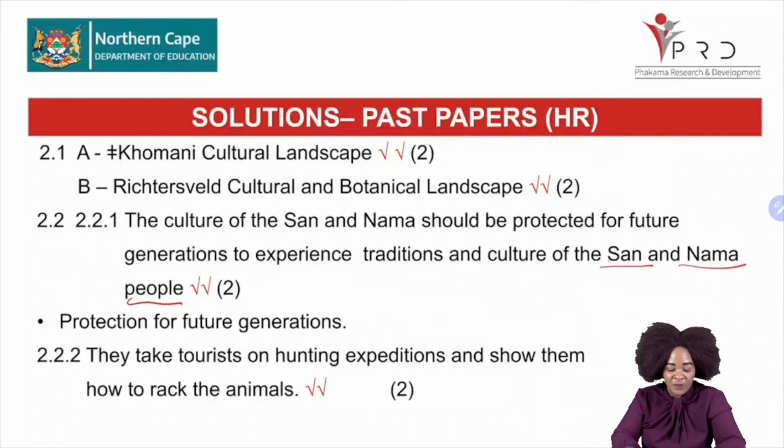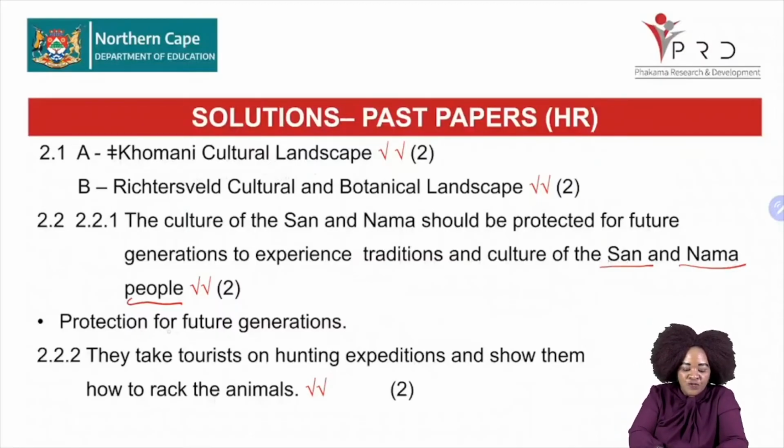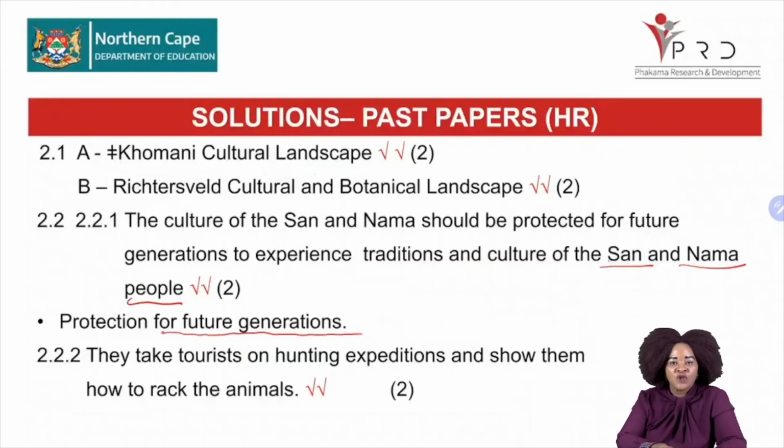So it is very important that we protect our culture, and also protection for future generations. The whole idea here, grade 12 learners, is that we don't want this current generation to experience these cultures while the future generation does not know about them. Everything that we are protecting, in most cases, is because we do not want to compromise the future generation.